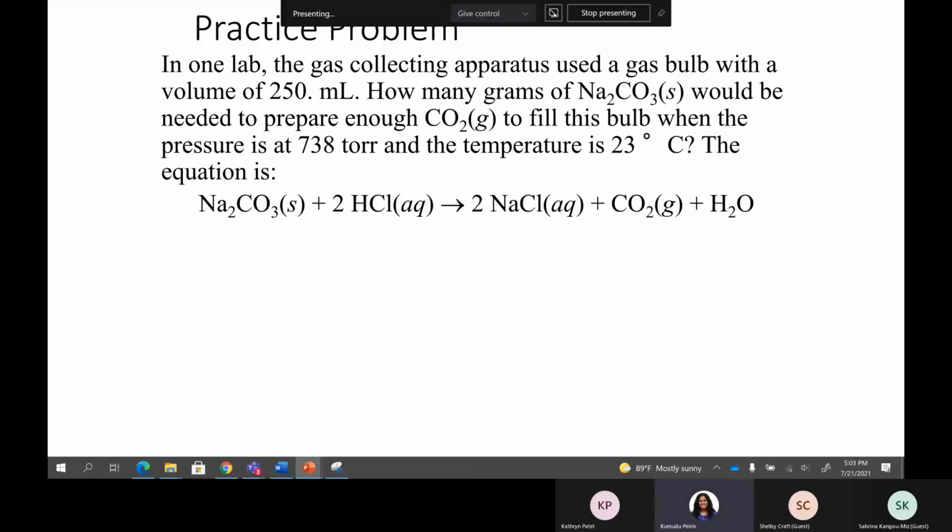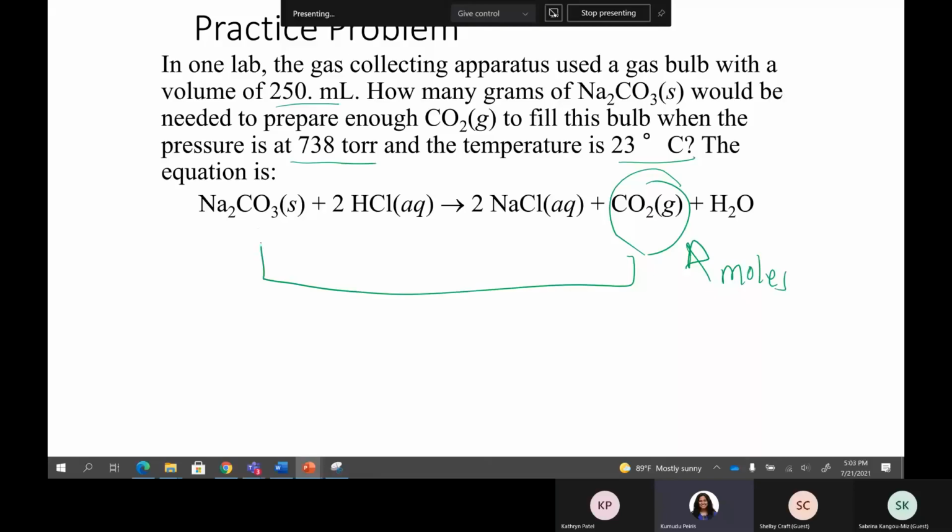Let me see. I hope you will be able to do this one because we did a similar one. We started with the mass of a solid sample, and then we related it to the pressure of the other one, using the moles. First you need to find the moles of carbon dioxide.